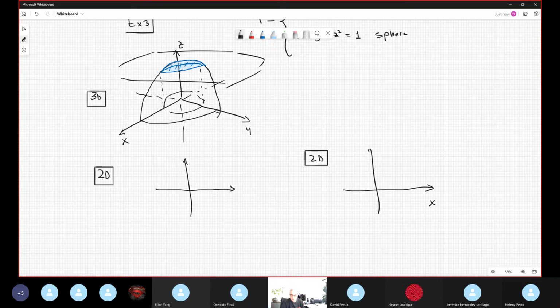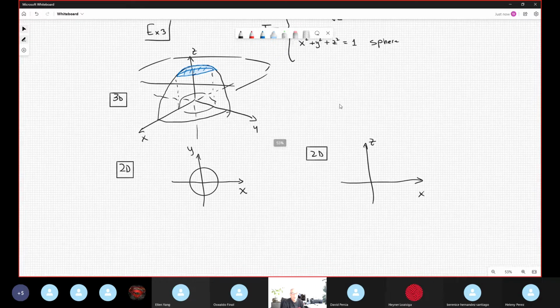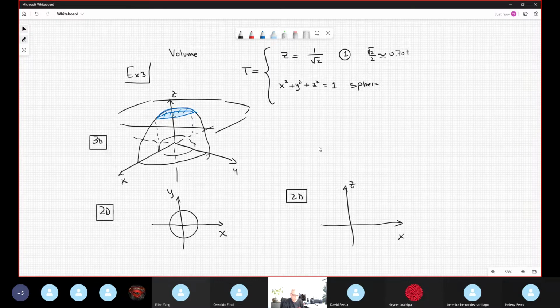The famous XZ and the famous XY. Now, it's obvious that it's a circle, yes, it's a circle. I have no idea what is the radius of this circle. No, I have an idea.